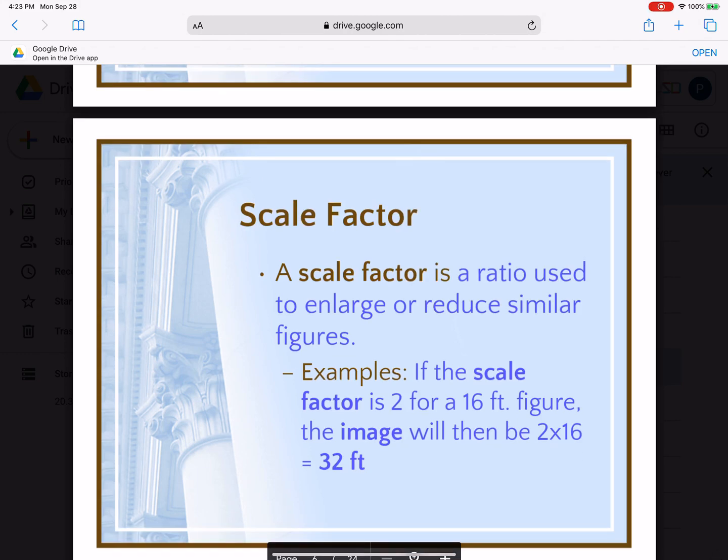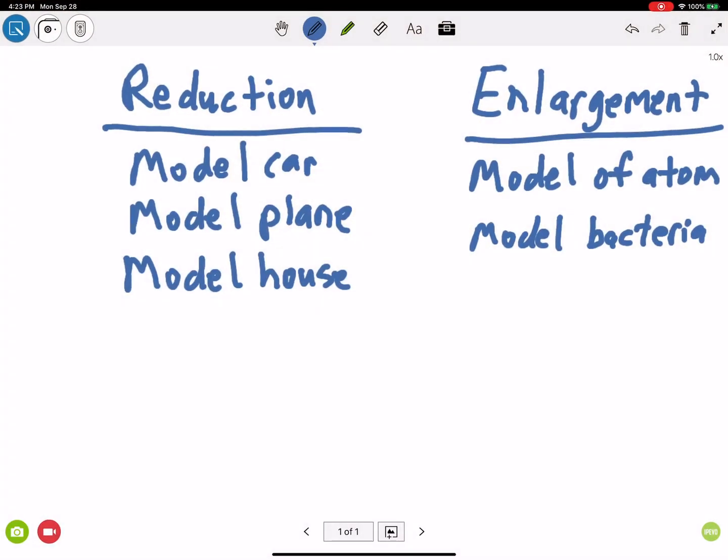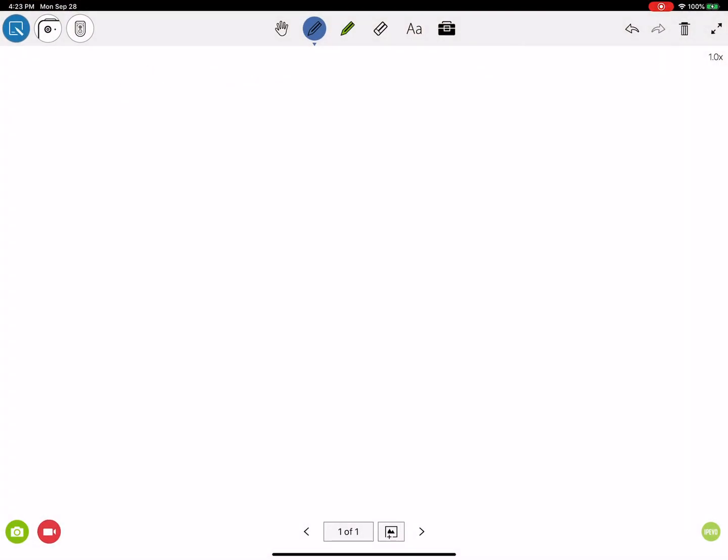Scale factor. So scale factor is a ratio used to enlarge or reduce similar figures. Now when I'm using scale factor, remember scale factor is a ratio that you use to make something bigger or smaller.